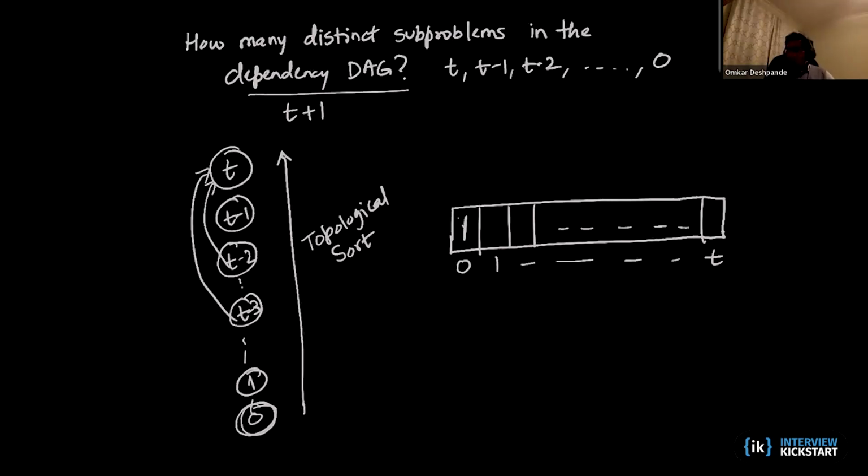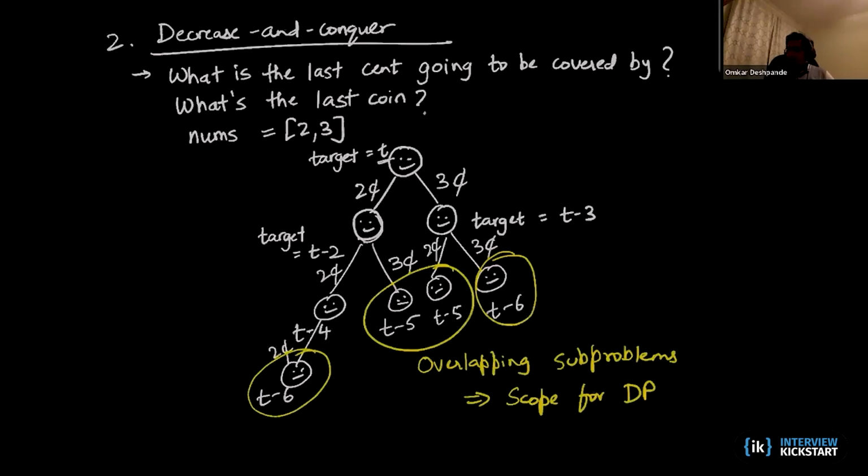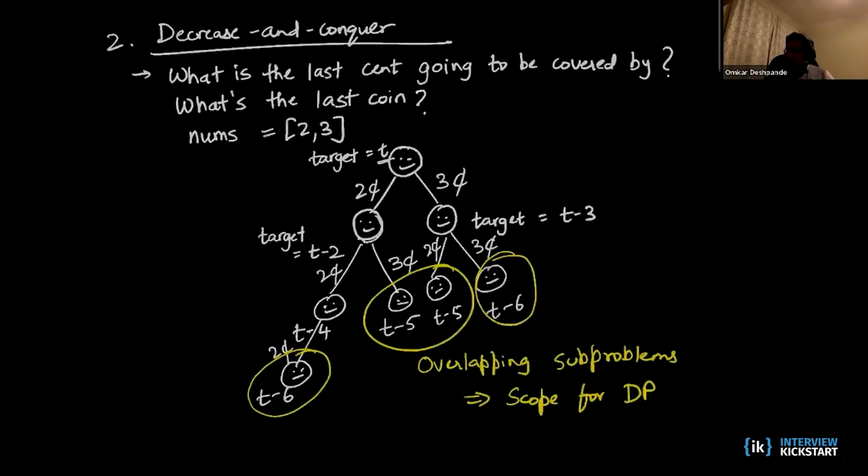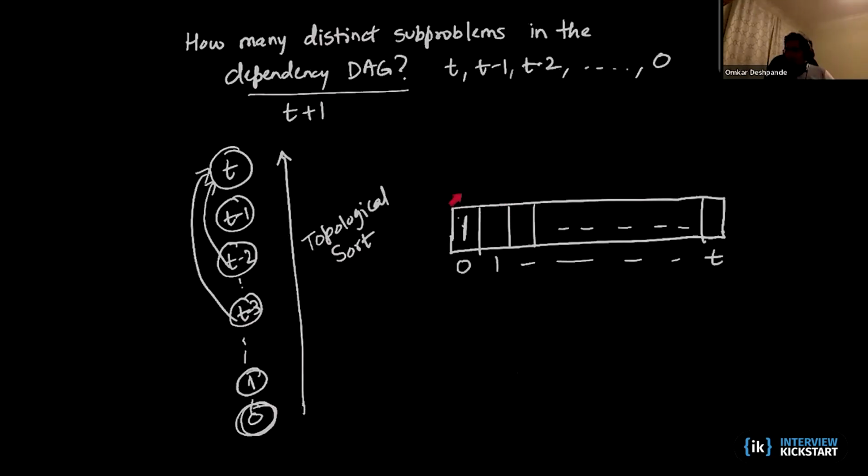For subsequent amounts, we can rely on this kind of a structure to say we are going to look below us or look to our left for solutions to two smaller subproblems. Now in theory, how many places do we need to look back?